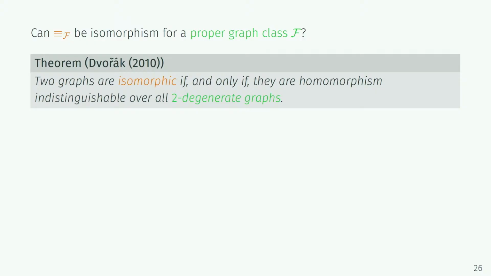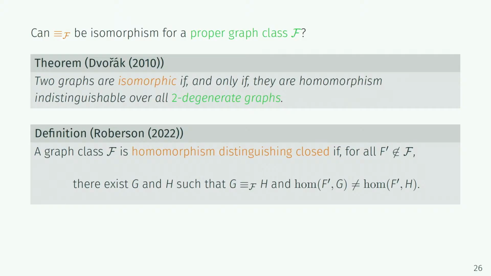Now let's make a system for studying this. The notion that was introduced for studying this is the so-called homomorphism distinguishing closedness of a graph class. Now this definition is a mouthful, but I'm going to go through it step by step. When is the graph class F homomorphism distinguishing closed? It's closed when it's maximal in the sense of homomorphism indistinguishability.